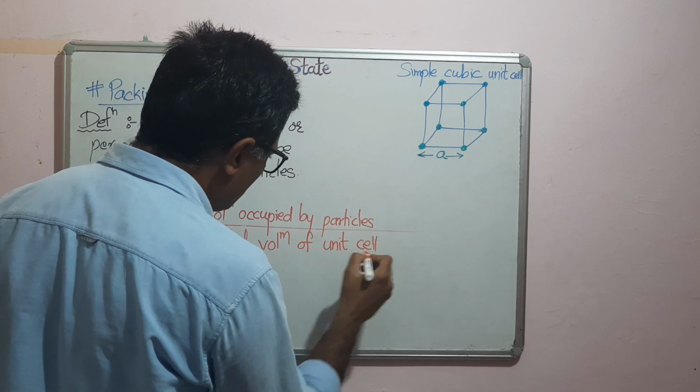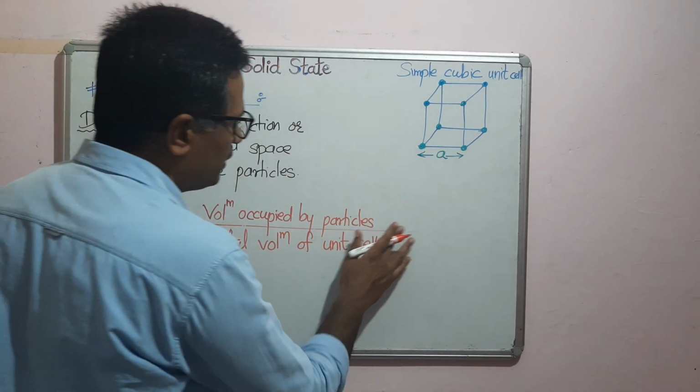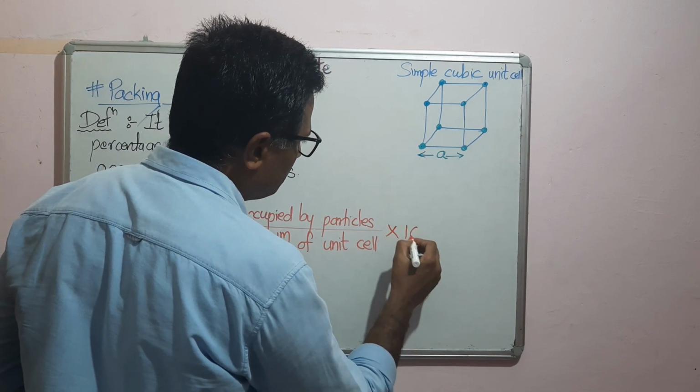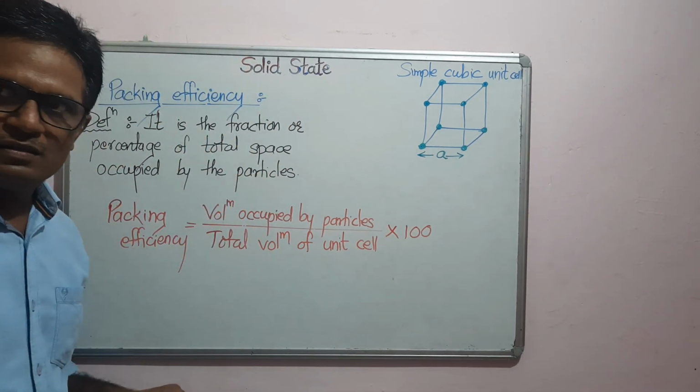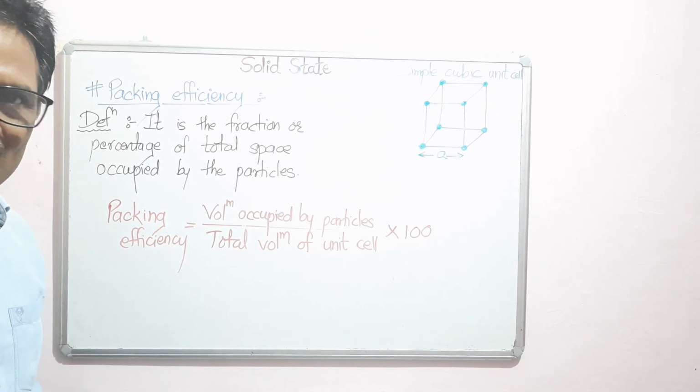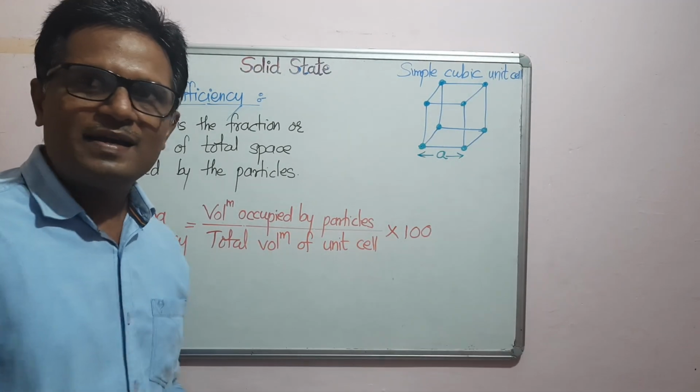This will give you the packing efficiency into 100, which means you get the packing efficiency in terms of percentage. So you have to multiply here by 100.